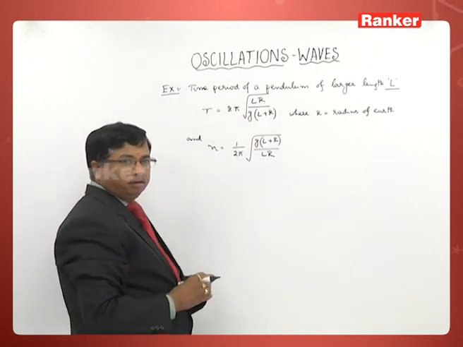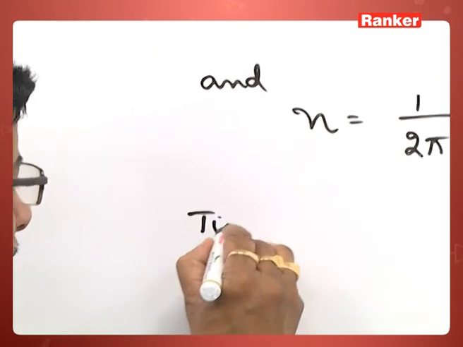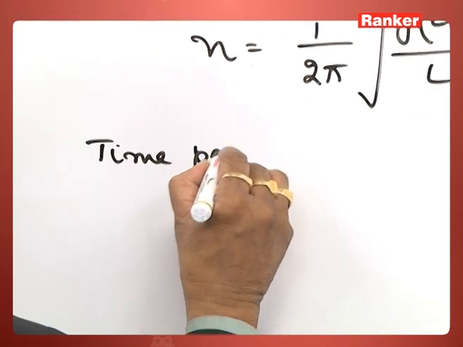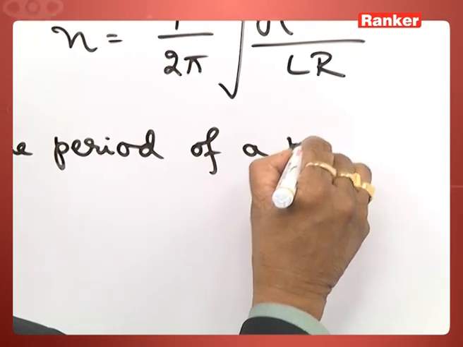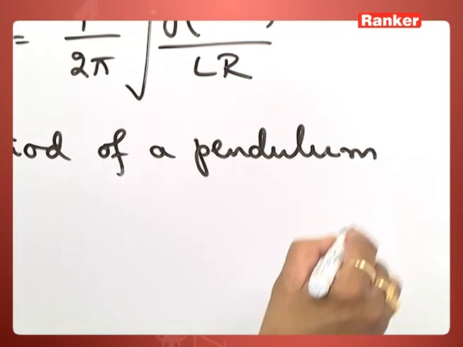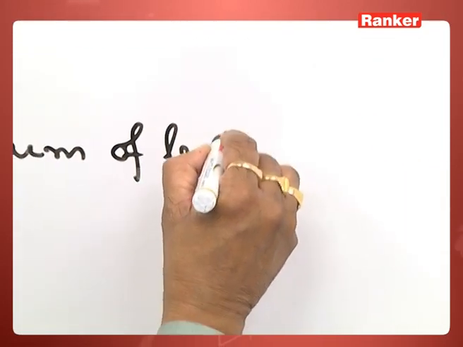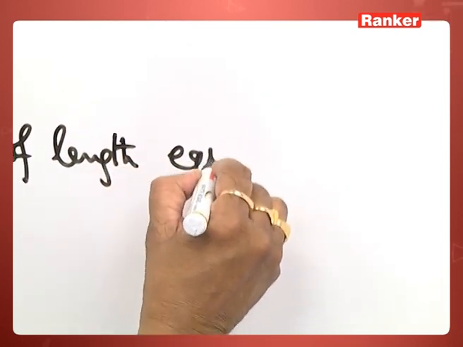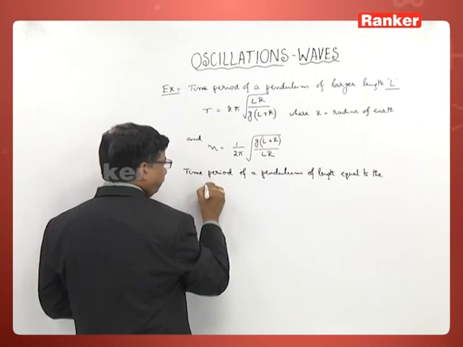Based on this, they can ask us one question: what would be the time period of a pendulum of length equal to the radius of the earth?